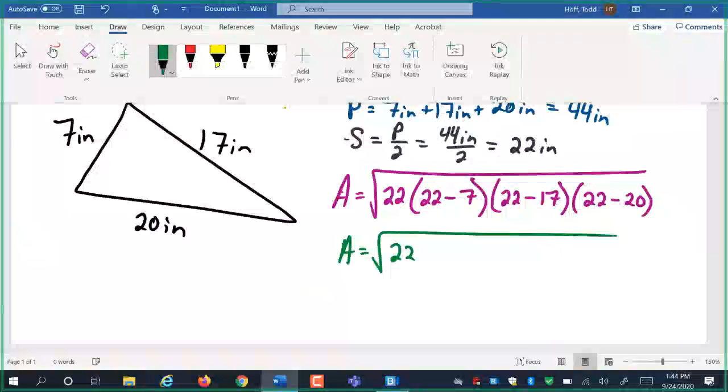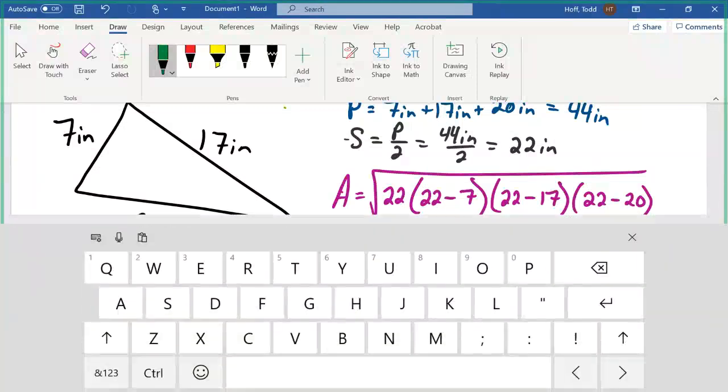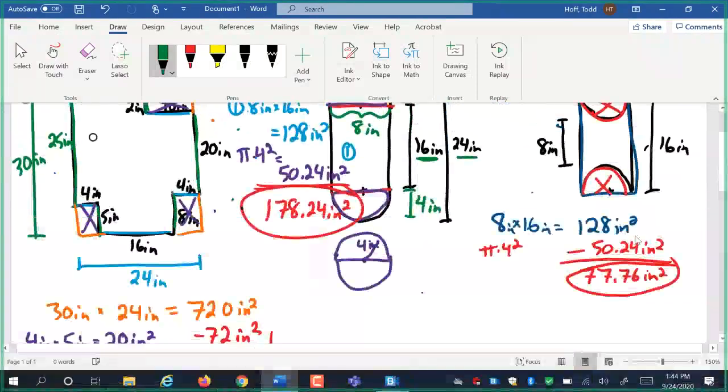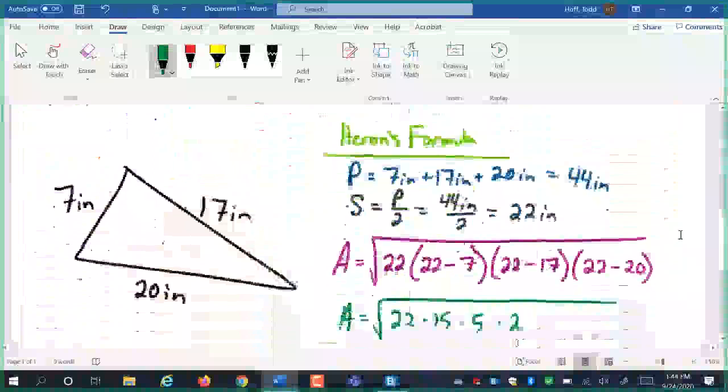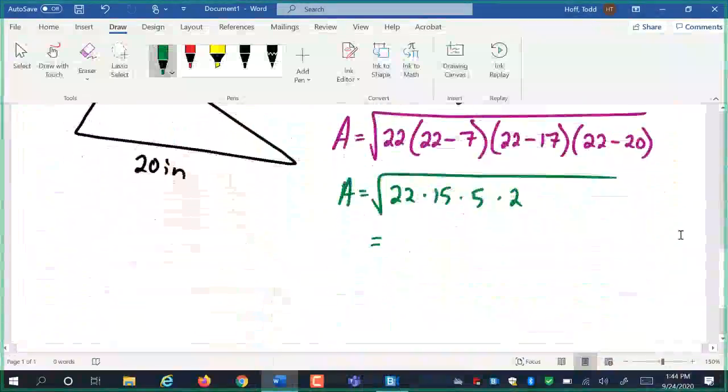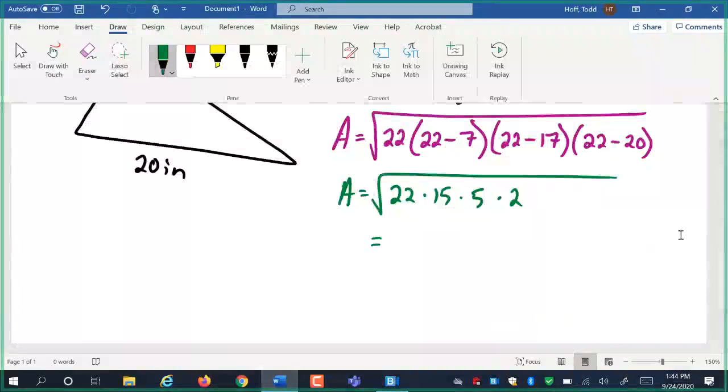We have the 22. 22 minus 7 is 15. 22 minus 17 is 5. And 22 minus 20 is 2. So now we have to take the square root of that. I don't have my calculator up here.